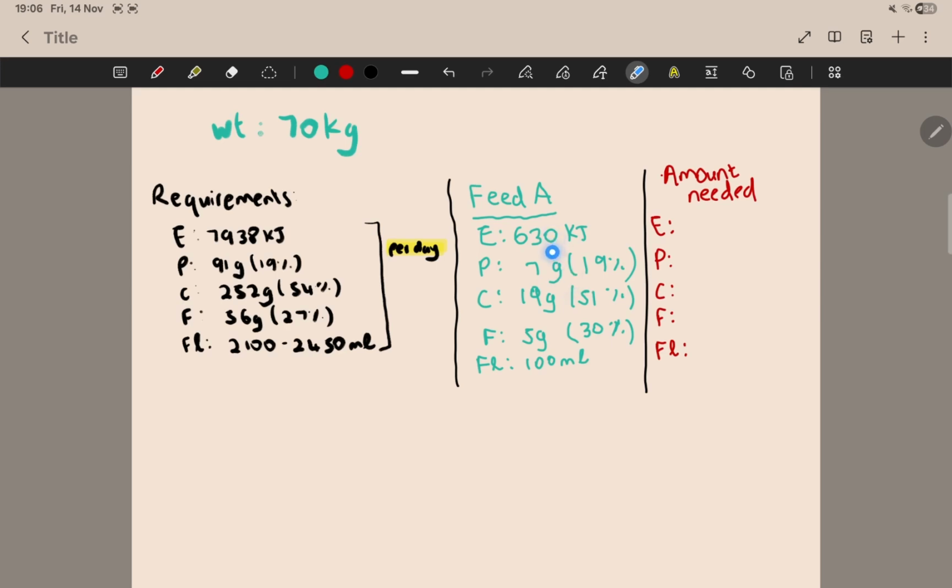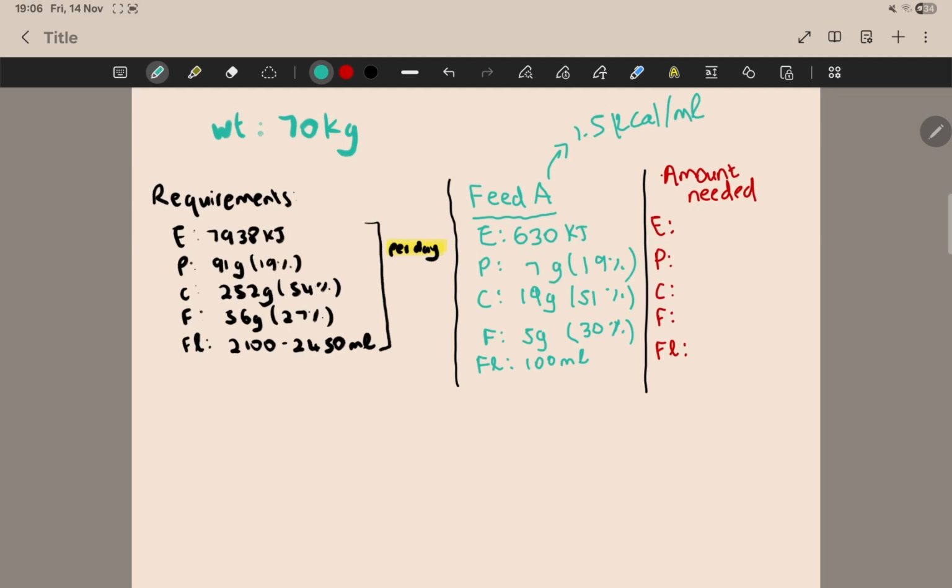There is 630 kilojoules per 100 ml of feed. If you do your calculations, you will notice that this is 1.5 kcal per ml of feed. It is a high energy feed.